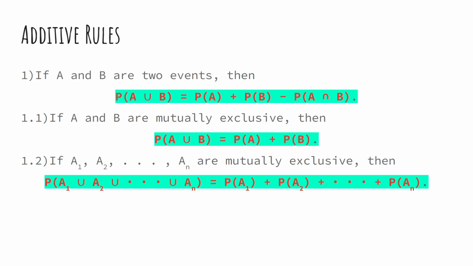It's the probability of A occurring or B occurring. So union refers to or. Just keep that in mind: whenever you have or, you have to do union.